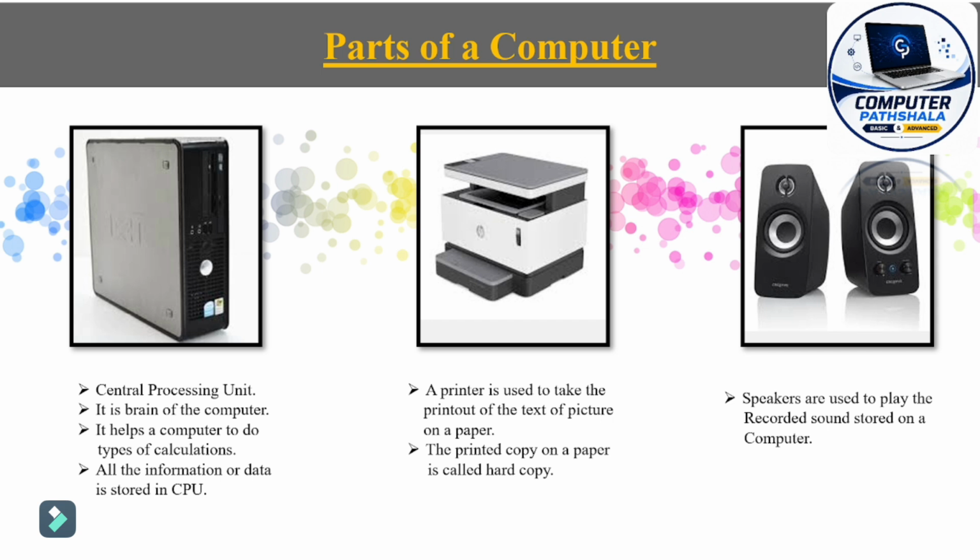The copy on the monitor which we are watching is a soft copy. But if we take it from the printer, that printed copy is known as a hard copy. Printers are commonly used in schools, offices, banks, and homes to produce reports, certificates, and other documents.